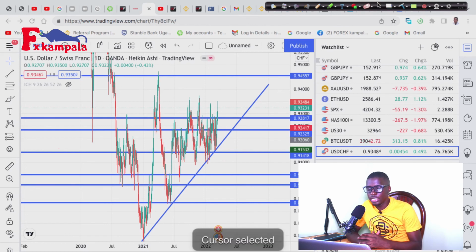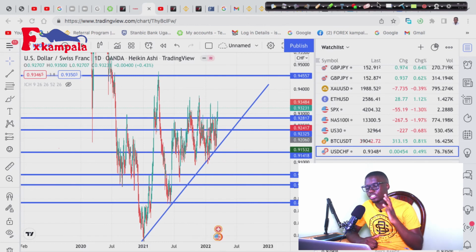As you can clearly see, it's also trending upwards, something that we really saw with the US dollar index.